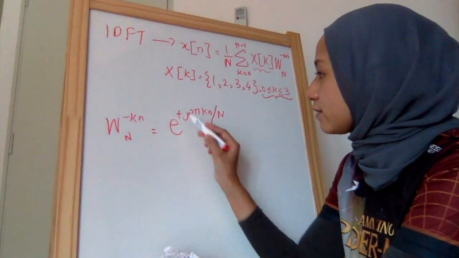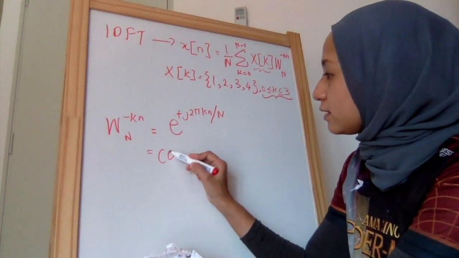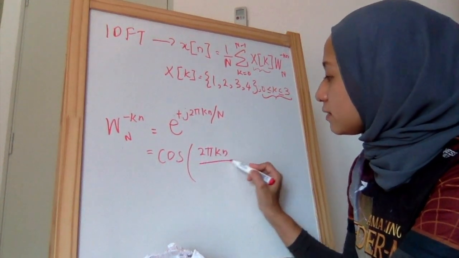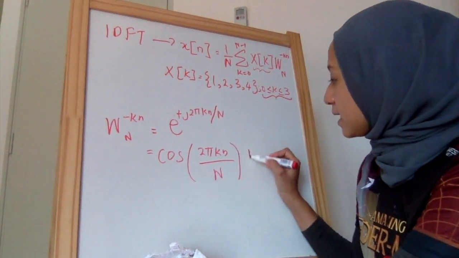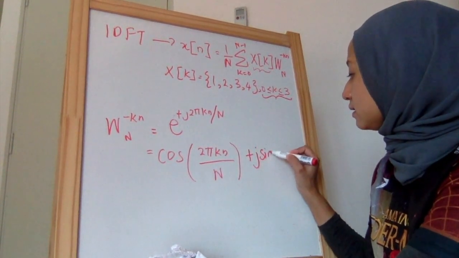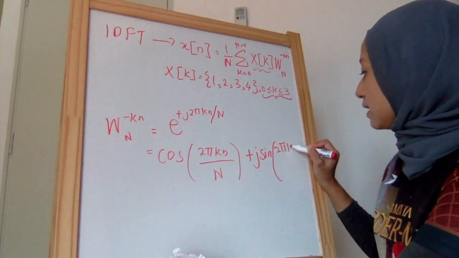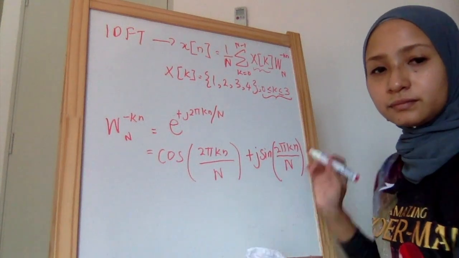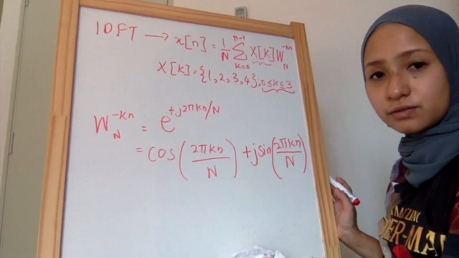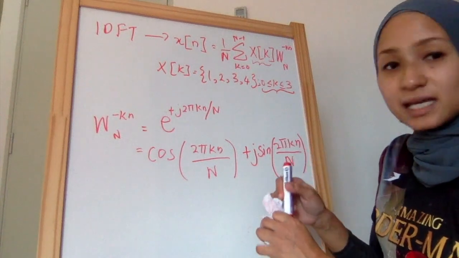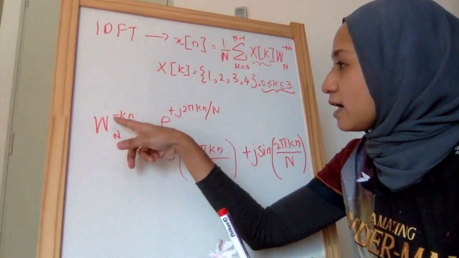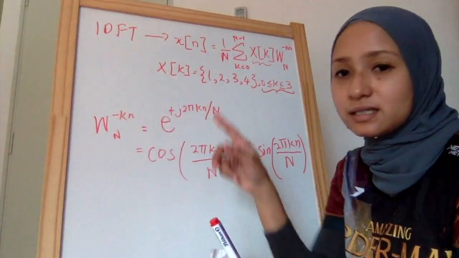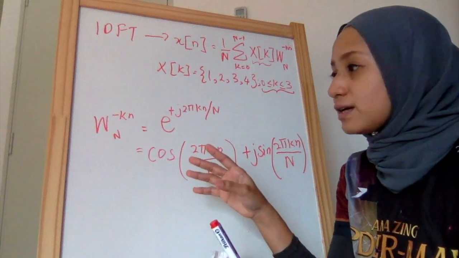So if we have positive here, this one becomes cos 2 pi Kn over capital N plus J sine 2 pi Kn over capital N. That's it. You don't have to worry so much. Okay, this is all about matrix. Just now we have W_N Kn. Now for inverse DFT, we have minus. That's it.